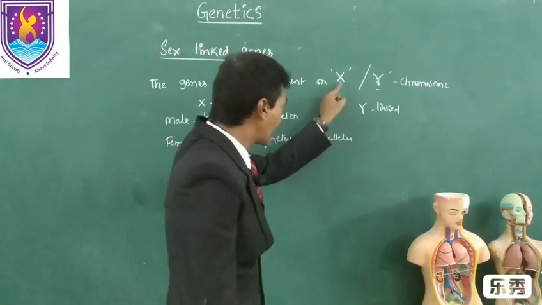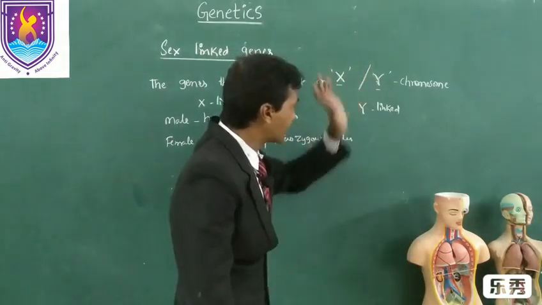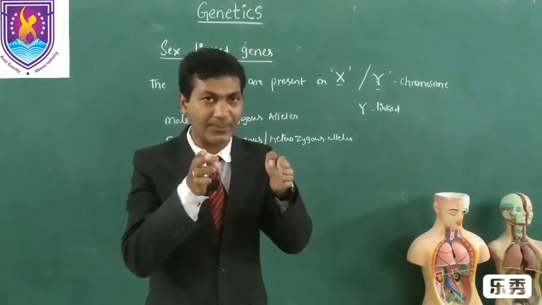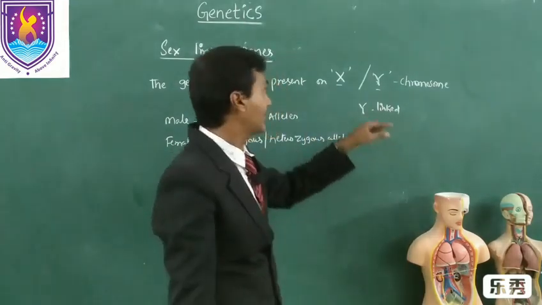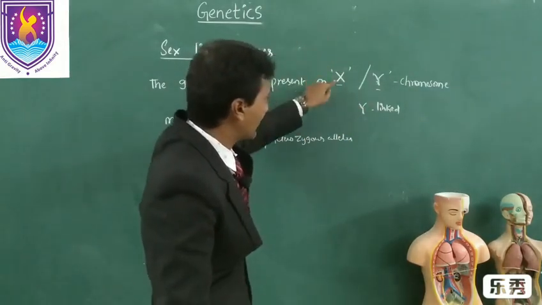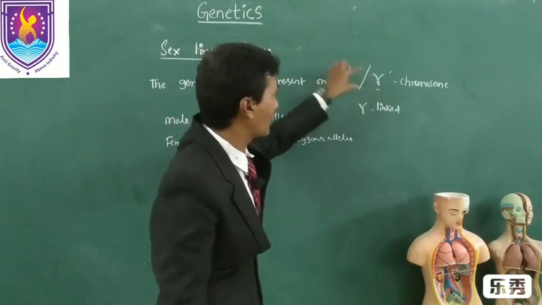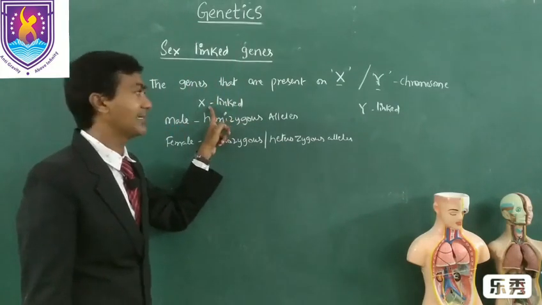So the genes that are present on X chromosome whose allele is absent in Y chromosome, because this is a pair. If the gene is present on one side, its allele should be on the other. But the genes that are present on X chromosome and whose allele is absent in Y chromosome are called X-linked genes.